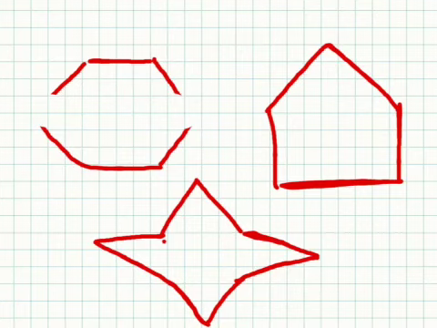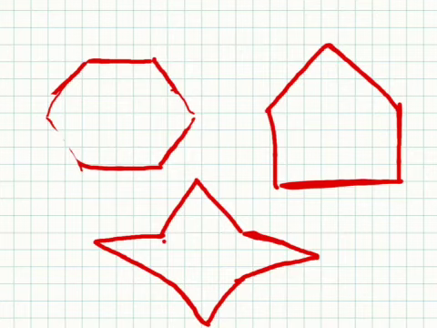Let's see if I can draw that back. It's not real good, but we can deal with it. All right. So I can separate it in half and get two trapezoids.